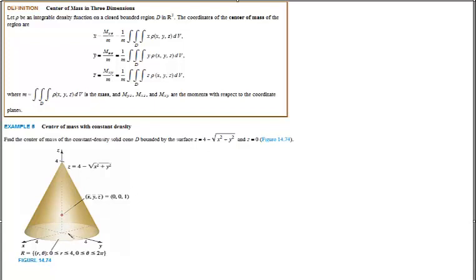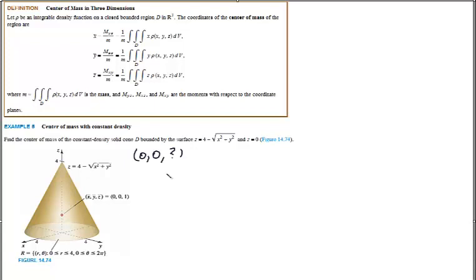Likewise for the y, and the center of mass is just going to be somewhere along this z-axis. So what I'm really looking for is this point right here. And if I can get that point right there, that's all I need to get this center of mass.